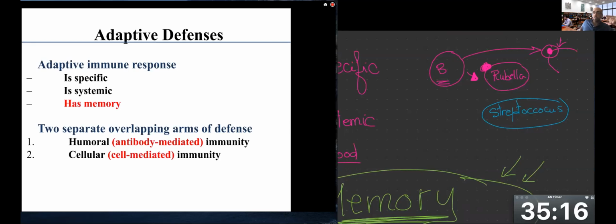So once I get exposed to it another time, I start to attack it at a faster pace. So I don't have to get the infection during the time where the immune cells are still recognizing the pathogen. If this is the first time I'm getting in contact with the pathogen, it takes me a while to have enough cells, to have enough immunoglobulins released, to have better knowledge of the pathogen for me to be able to get rid of it.